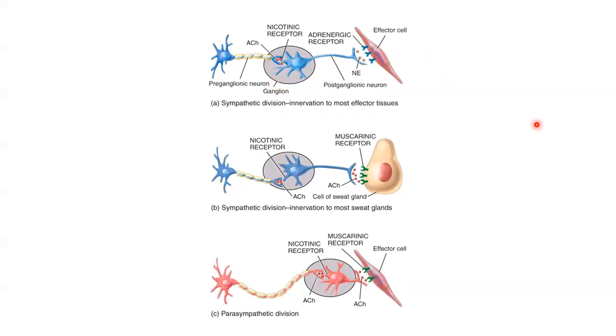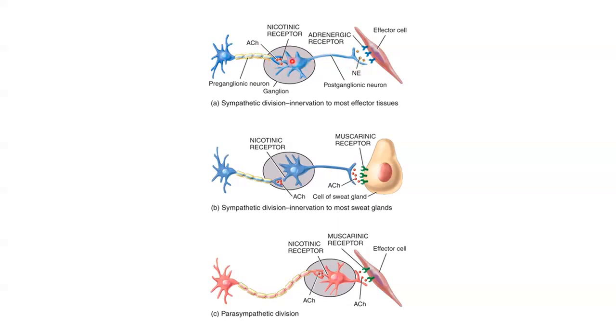So lastly, taking a look at all of that in the form of an image. This first image here is looking at a sympathetic preganglionic neuron. It releases acetylcholine, so this is a cholinergic neuron. Here, the acetylcholine binds to a nicotinic receptor, which produces excitation, so the action potential running along this neuron will pass to our postganglionic neuron.